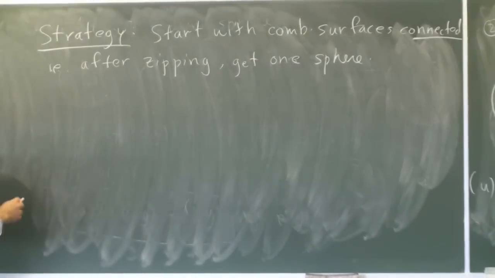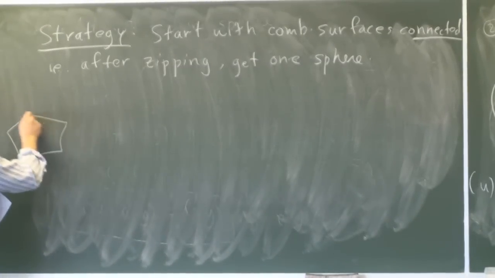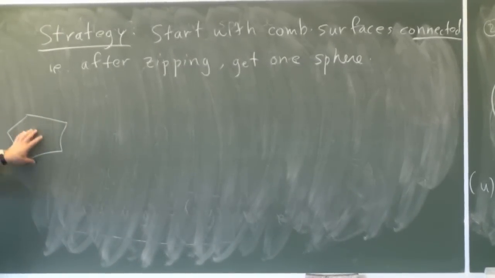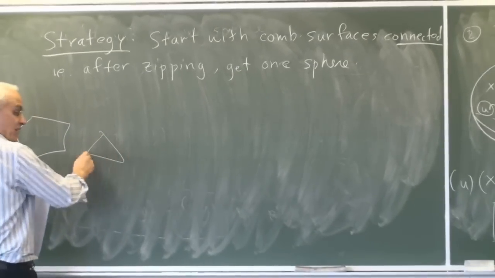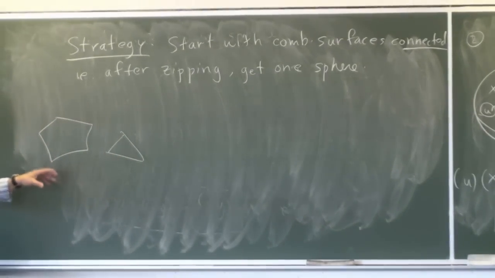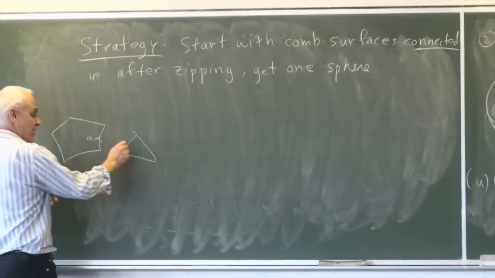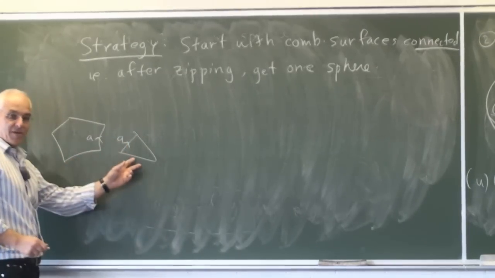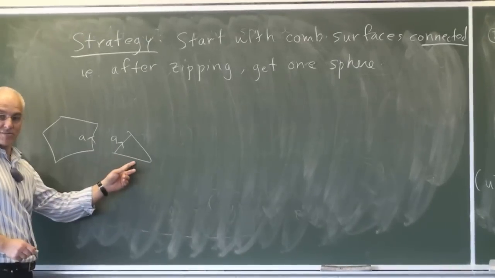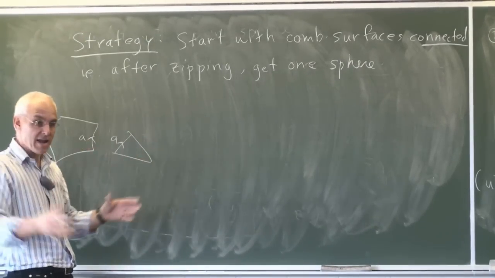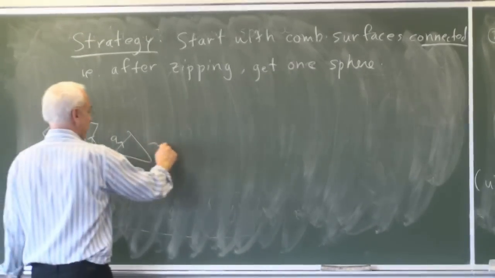So we start off the same way we started our proof with our traditional proof, with lots of polygons. We reinterpret the polygons as spheres with holes, and then we start zipping together different spheres along common edges to get just one connected surface.